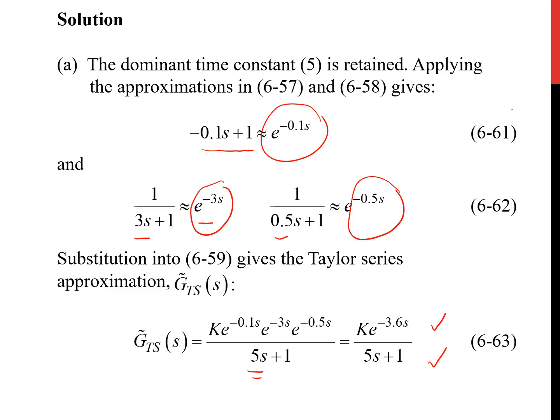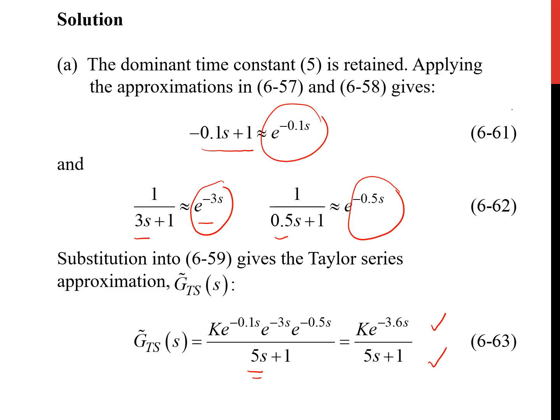Why does the largest time constant remain? Because it is the dominant time constant affecting the process and the final response very much, so this will remain at the bottom.